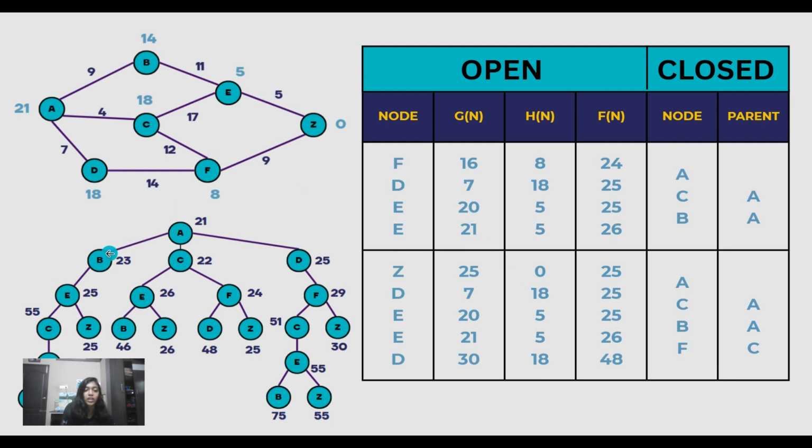B has only one child, which is E, with a f of n value as 25. So I have written here E with g of n 20.